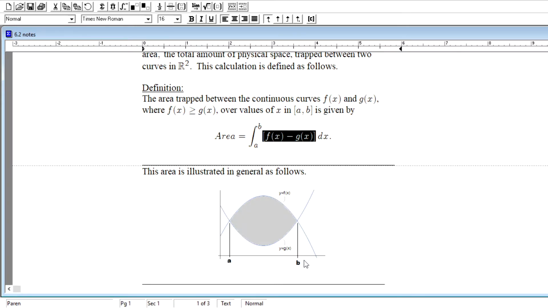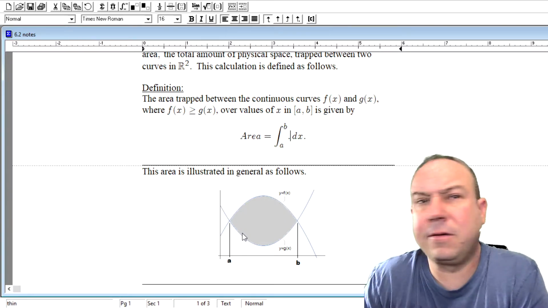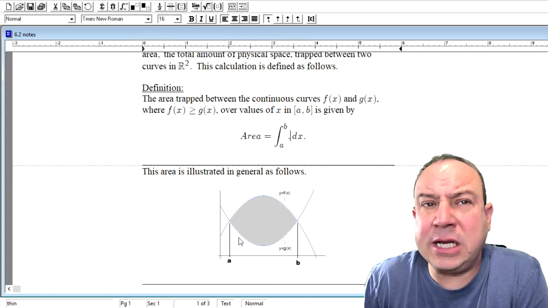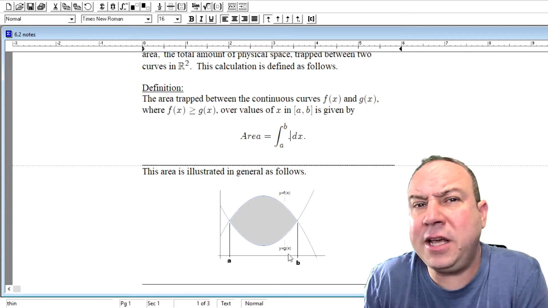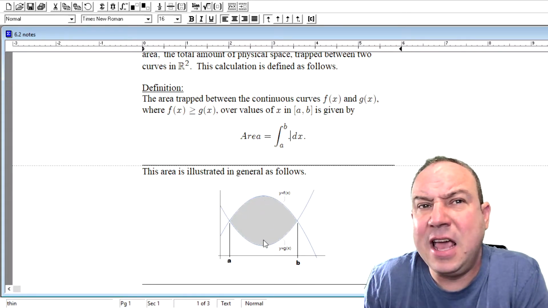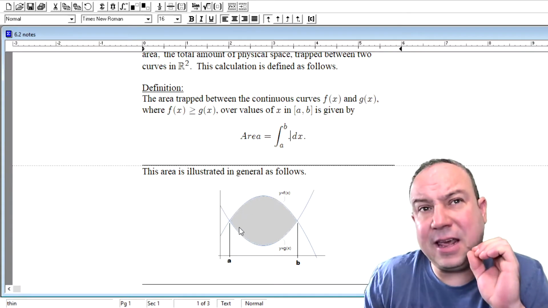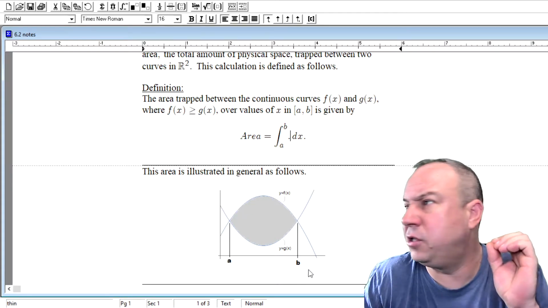At every single value of x along this horizontal axis, there is a difference between the value of f at that x and the value of g at that x. Between a and b, it occurs here, here, here, over here, and at an infinite number of locations between a and b.